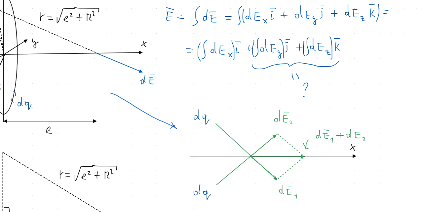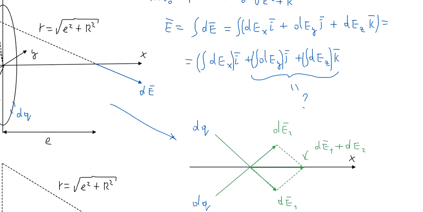It means that there are no y component and z component. So these two integrals are equal to 0. It derives from this picture. So we only need to find the first integral.